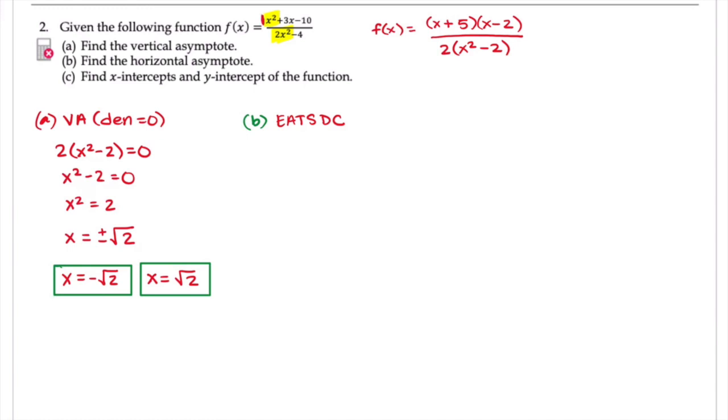A 1, divided by the coefficient in the denominator, which is a 2, giving us our asymptote of 1/2. And it is a line, y equals 1/2. The last piece here is the intercepts. I'm going to make you find your x and your y-intercept, and we'll see if we have the same values.